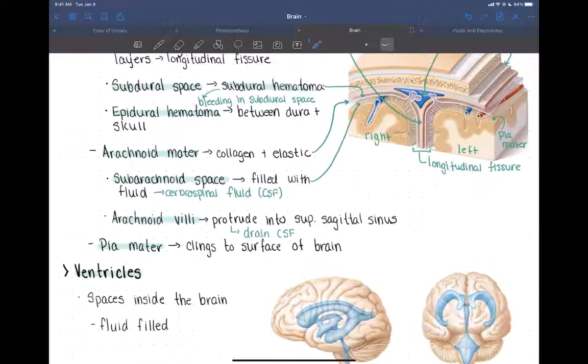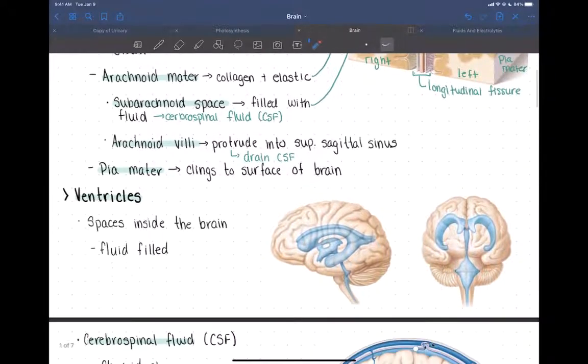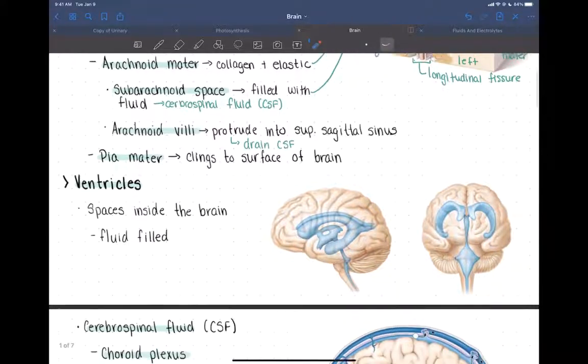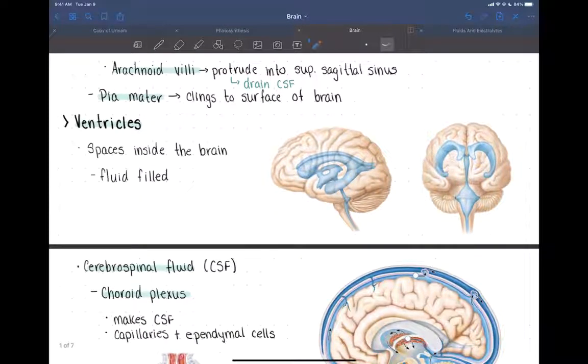So now let's look inside and talk about the spaces in the brain. These are spaces that are going to contain that CSF we just mentioned. These are called ventricles. So ventricles are spaces inside of the brain. What they're showing here from this picture, which is in your textbook, is the spaces when they're filled with a blue color.